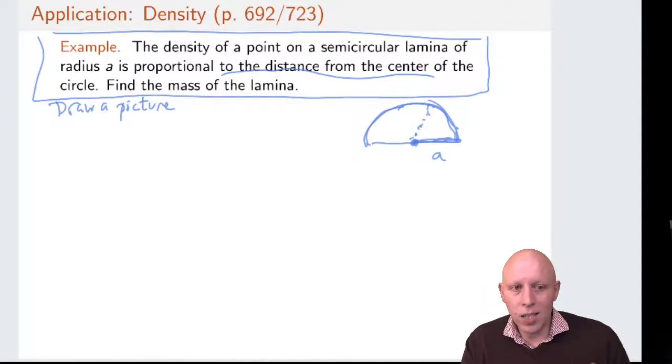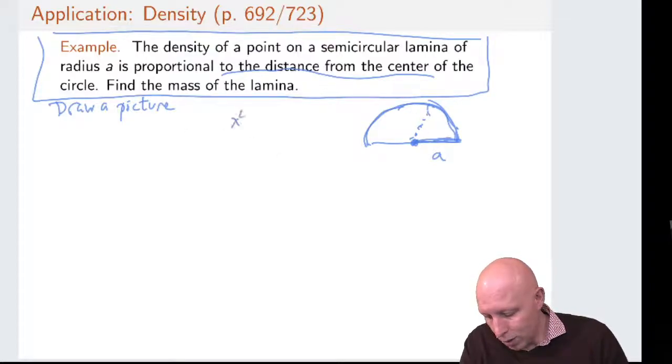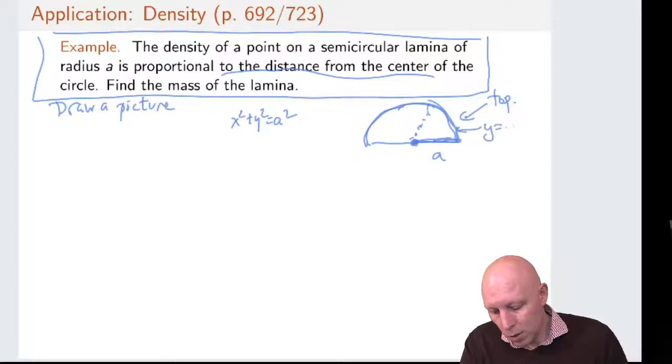So if we were going to set this up in a Cartesian setup, what we'd probably do is say, okay, this is a circle. We have x squared plus y squared equals a squared, and we have the top half. So this is the function y equals the square root of a squared minus x squared.